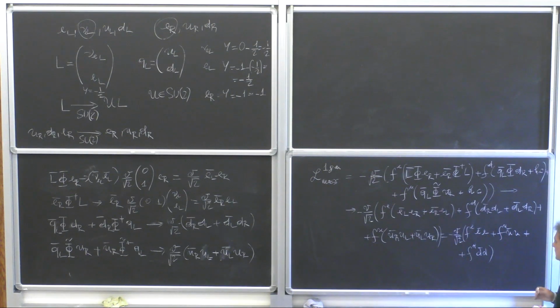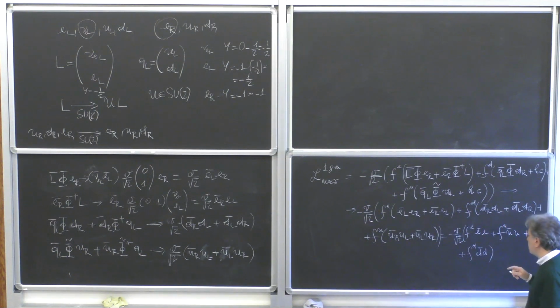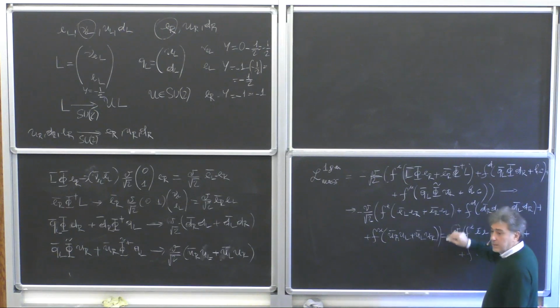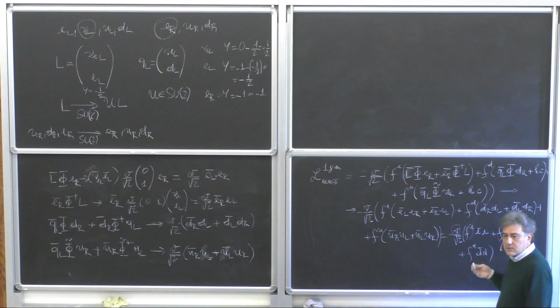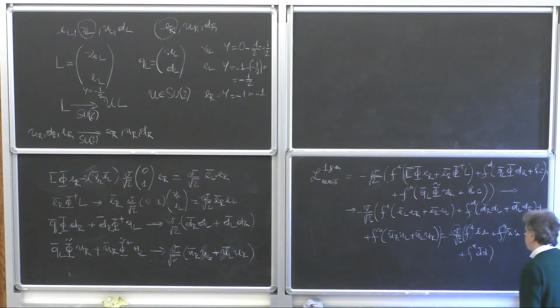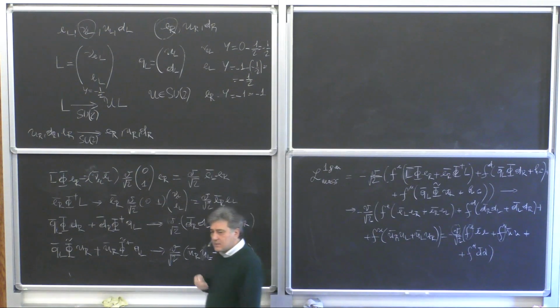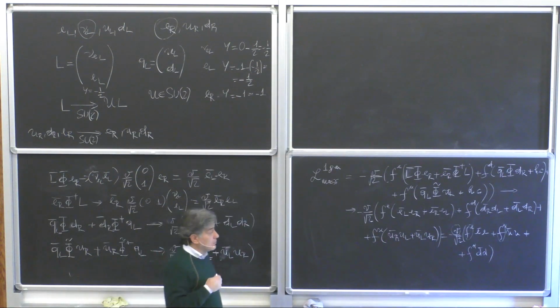Now you see that the masses of the fermions are proportional to V and proportional to these complex coefficients in general, the Yukawa couplings. And now we want to extend this discussion to three generations.